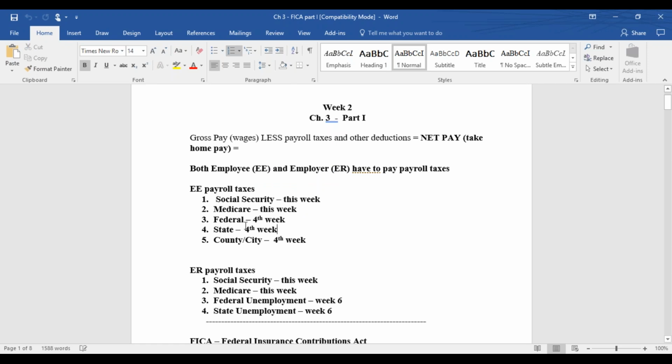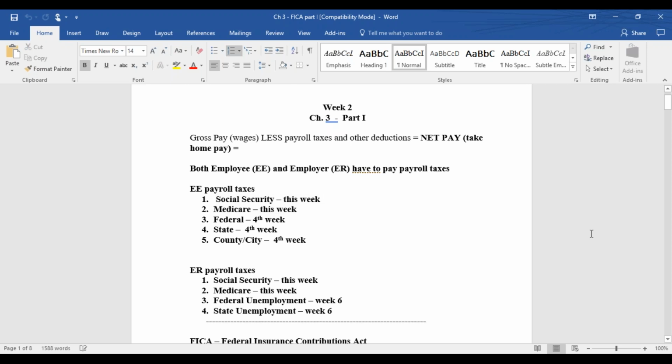And you're going to see that we have two different groups who pay different payroll taxes. Not just the employee pays them. As you will see as we go, the employer also pays payroll taxes, and they just happen to pay these first two that we're going to talk about this week, Social Security and Medicare.